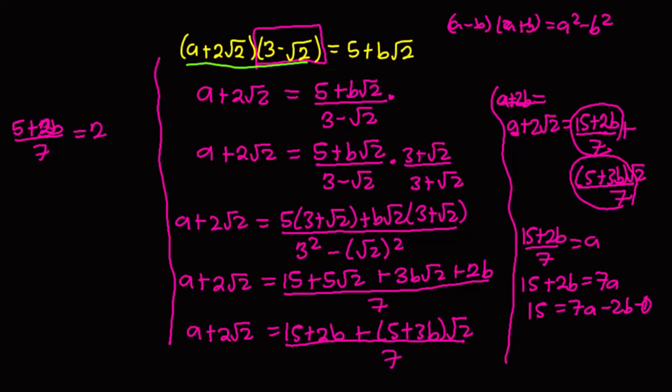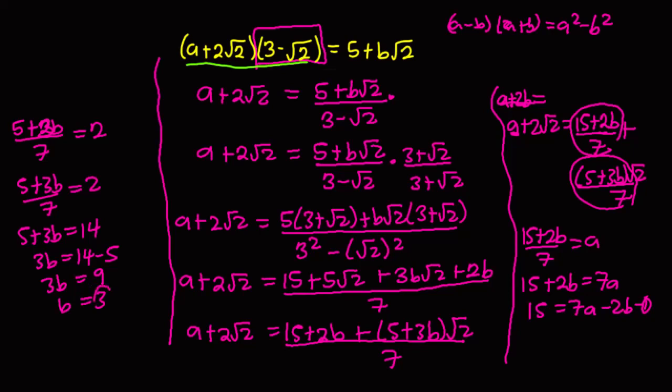So 5 plus 3b all on 7 is equal to 2. Yeah, so we can just make b the subject. So 5 plus 3b is going to give us 14. And so 3b is going to give us 14 minus 5. So 3b is equal to 9, and therefore b is equal to 3.